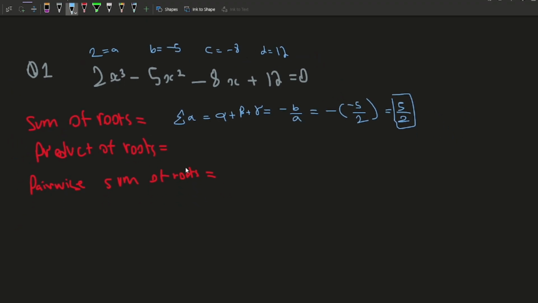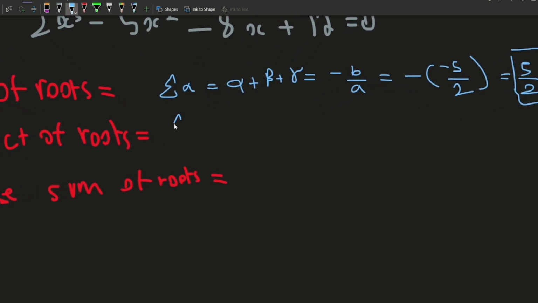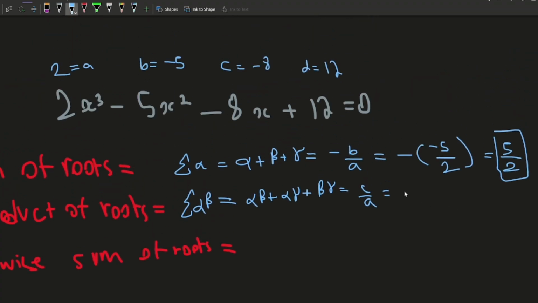Now the pairwise sum: sigma alpha beta, which is alpha beta plus alpha gamma plus beta gamma, which is equal to c over a. The value of c is minus 8 and a is 2, so the answer for this is minus 4.